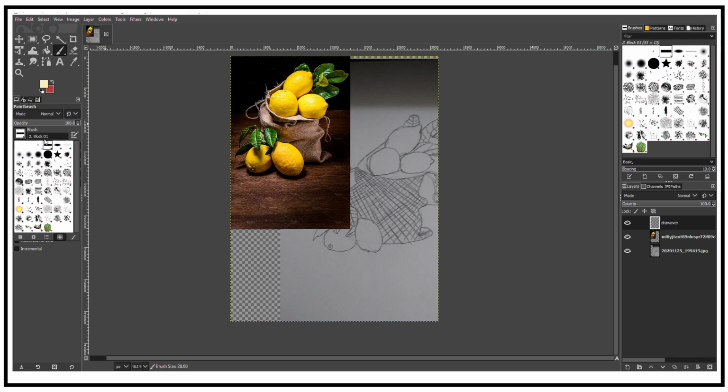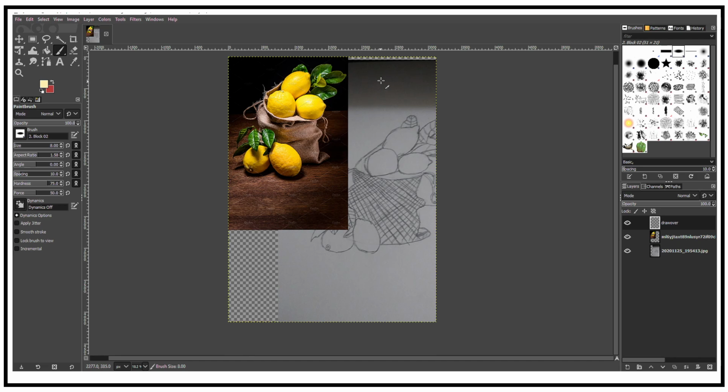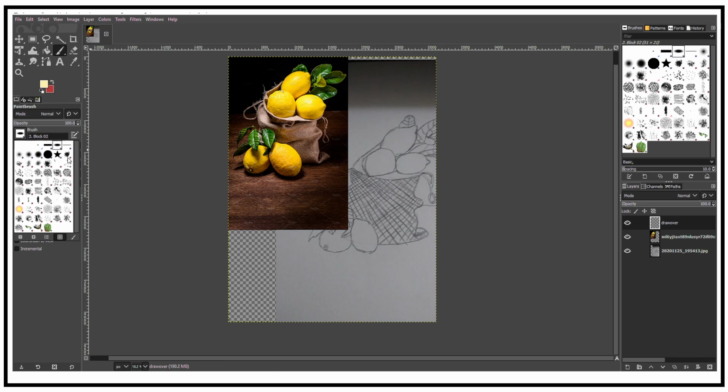Whenever this does not look good, let's find a better brush.